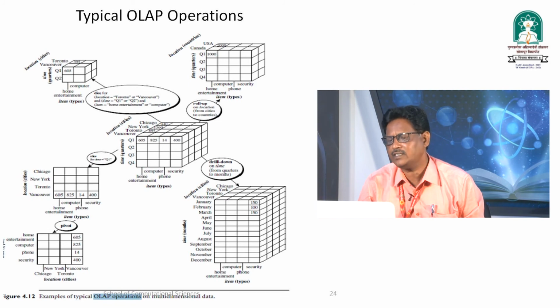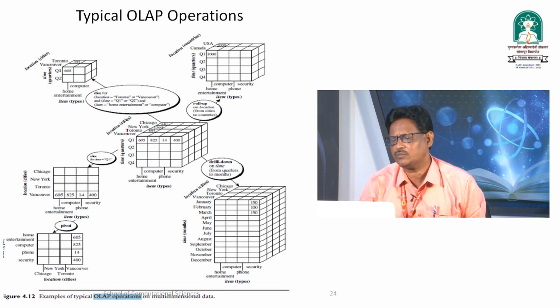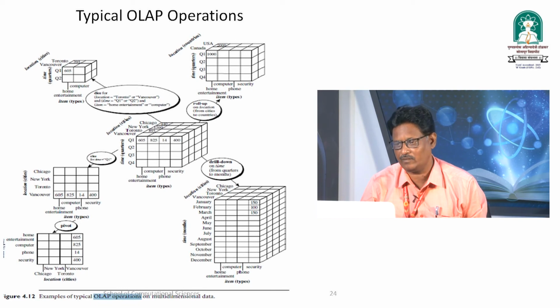Instead of selecting a specific quarter, we can select this information in the form of year, which aggregates the entire quarter 1 to quarter 4. That is the aggregation we gain in the form of roll up operation.